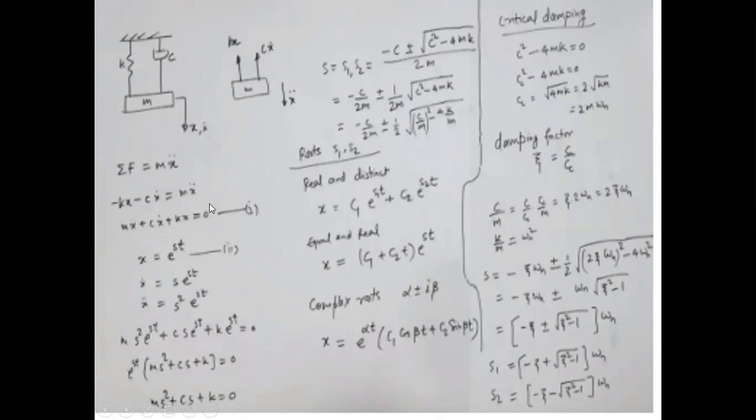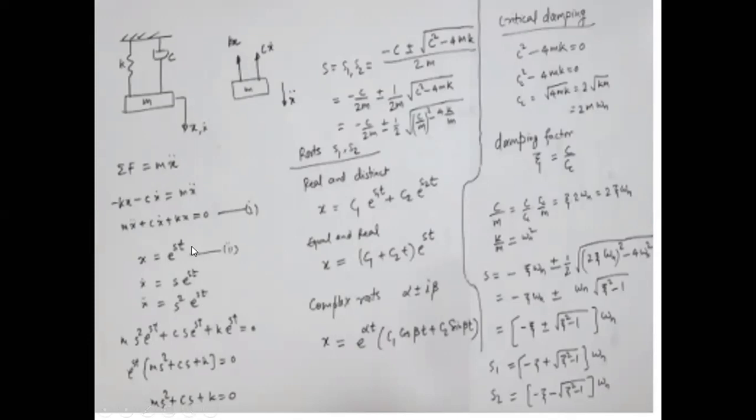For solution of such an equation, we assume the solution for x as x equal to e raised to st. Therefore x dot is s into e raised to st, x double dot is s square into e raised to st, right?